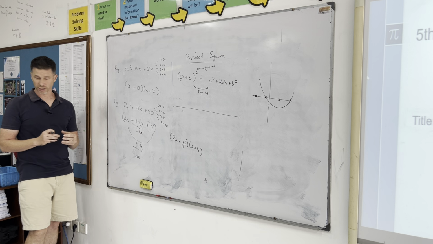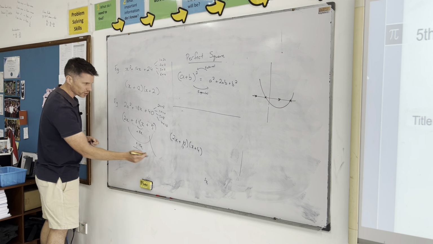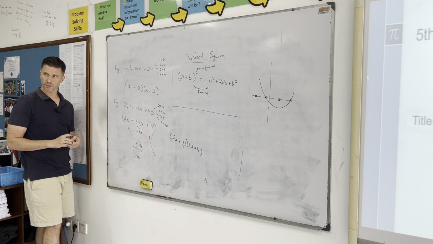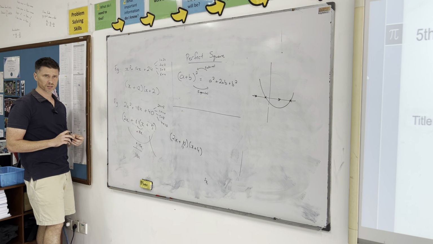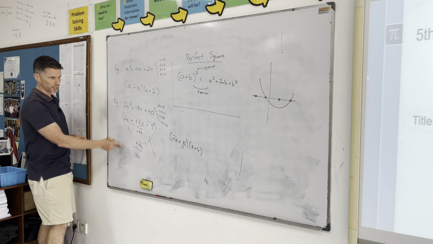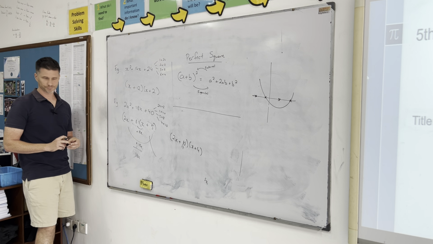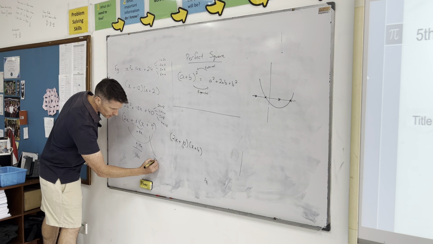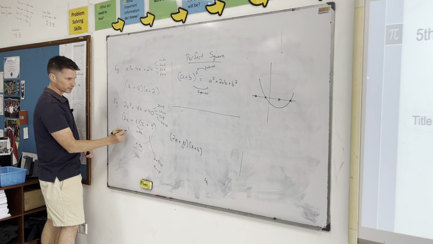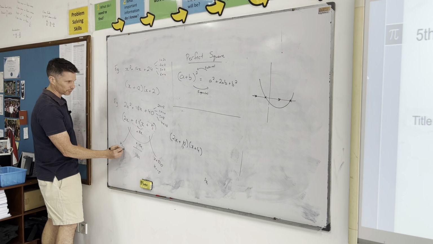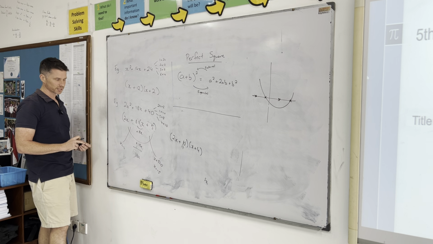Now, if we finish this off, yes, they make the same answer. If you finish this off, this makes x equal to minus 5, doesn't it? If you finish it off to get the solution. And this one makes x equal to negative 4. It's the same answer.